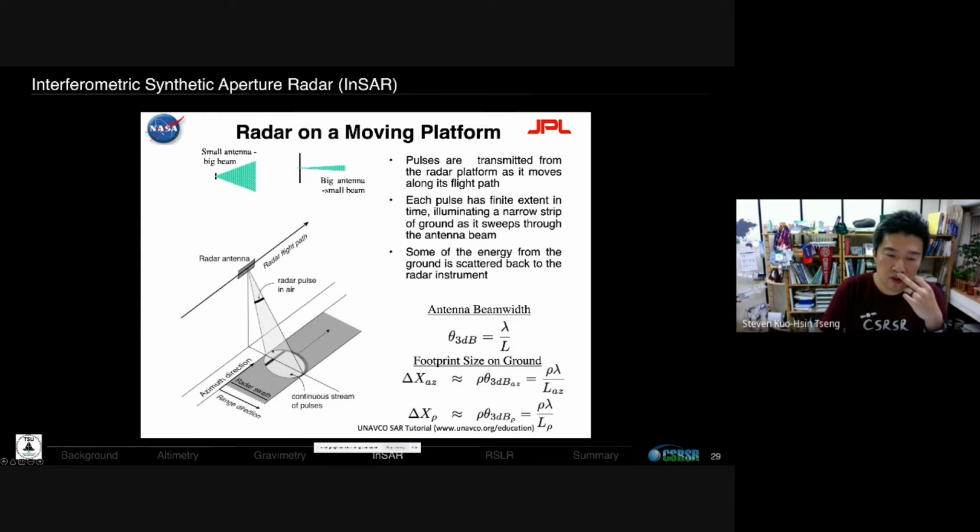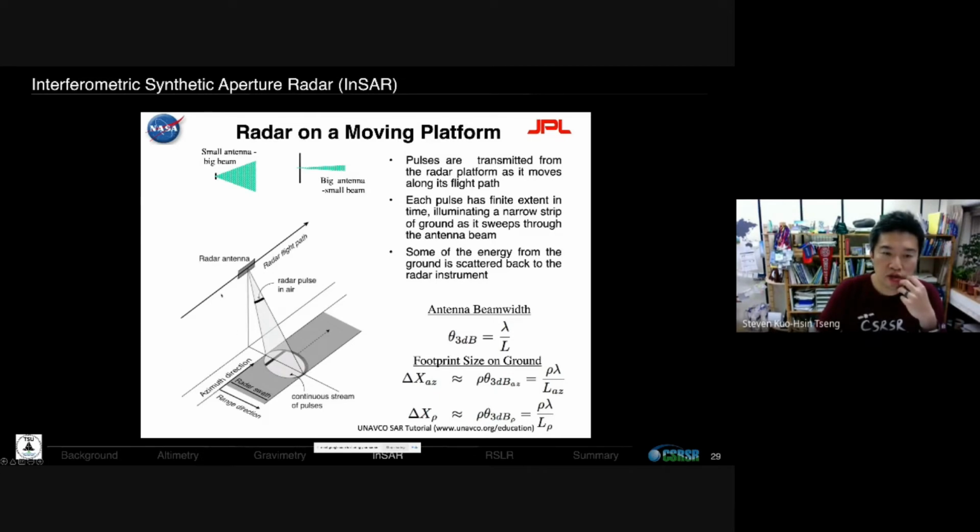So you can imagine there is one object on the ground. So when the satellite moves from left to right along the flight path, actually this object can be measured several times. So once a redundancy happens, once we can measure several times, it means that we can increase the resolution of each grid, the grid size can be enhanced.